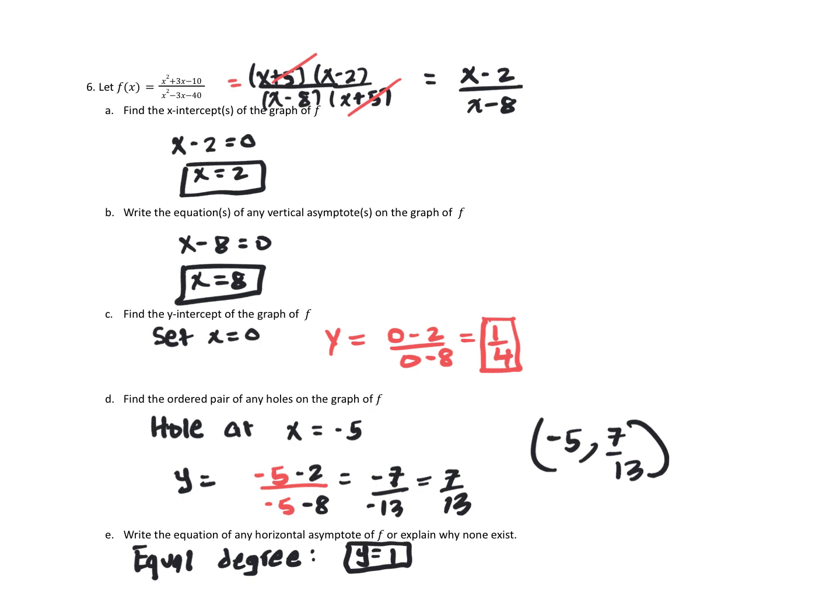So I plug in -5 right there, and -5, and when I simplify, that's how I get 7 over 13, which gives me these coordinates. And then for E, to find the horizontal asymptote, I compare the degree. I see the degree of top is the same as the degree of bottom, so that means the horizontal asymptote is going to be y is equal to 1.